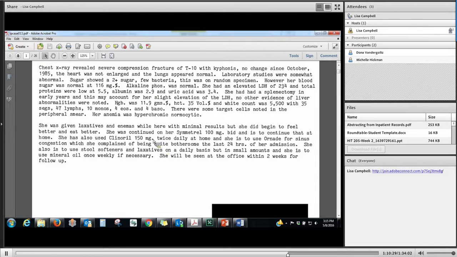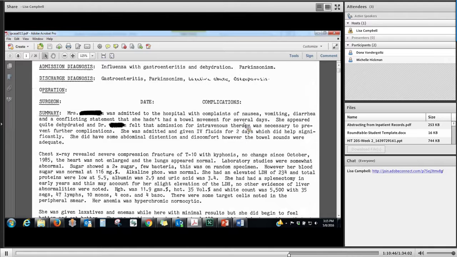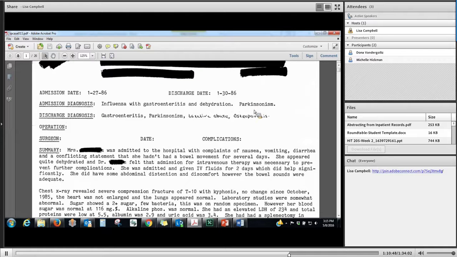So, for example, she was continued on her Symetrel 100 BID, so 100 milligrams twice a day. Symetrel is used for Parkinson's disease. Well, that makes sense, right? Because she has Parkinson's disease.